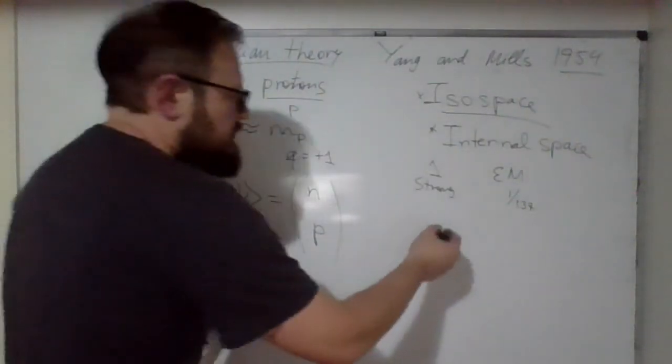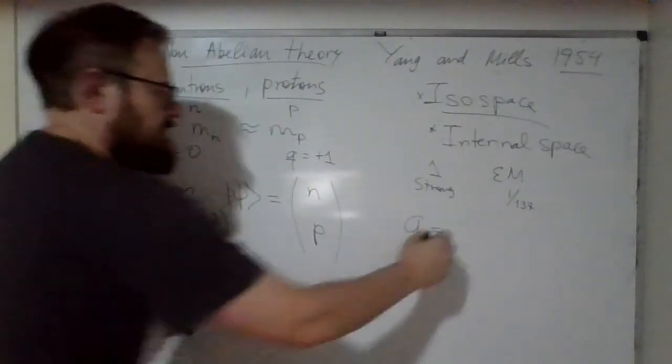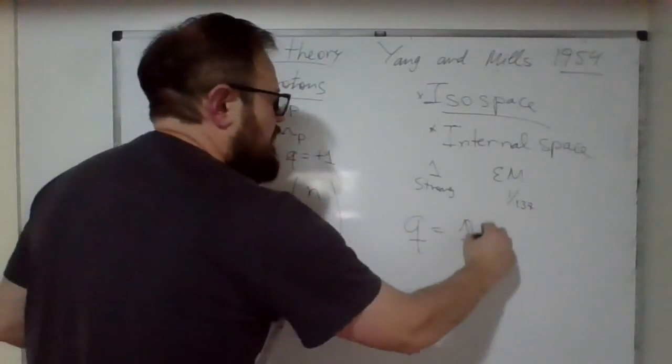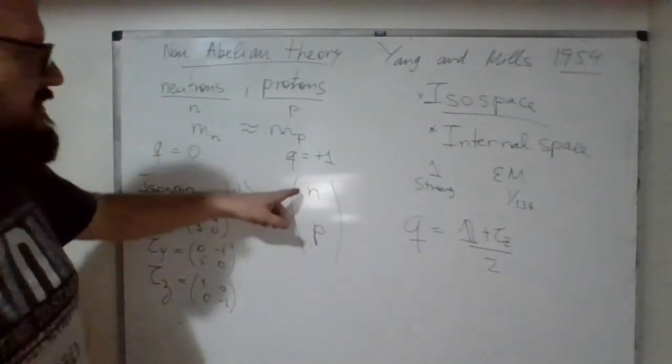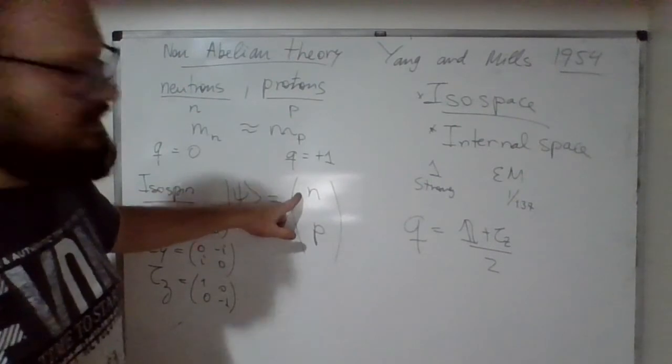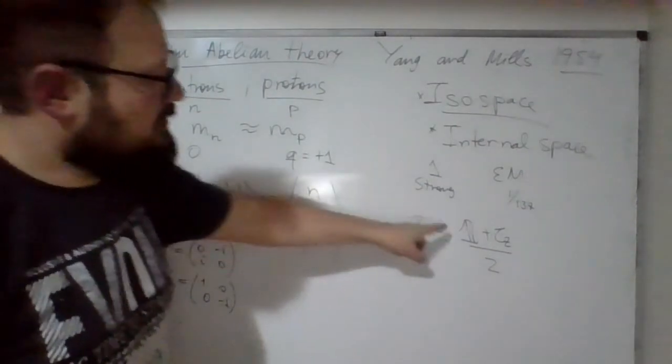All right, and with this nucleon wave function, notice that the electric charge would be represented by something like the identity matrix plus the tau z matrix divided by 2. So if you have a proton, you have the charge 1.